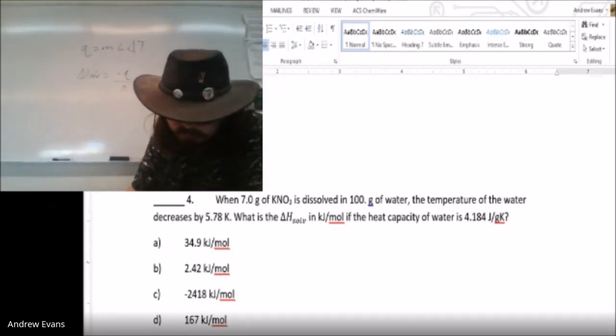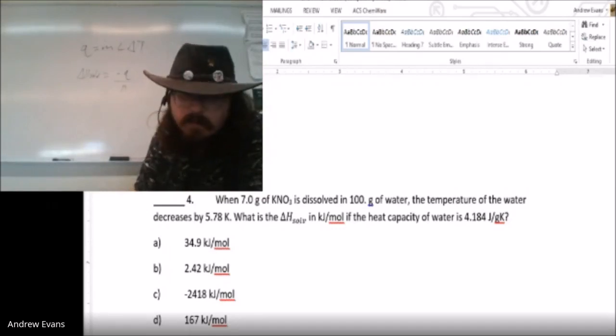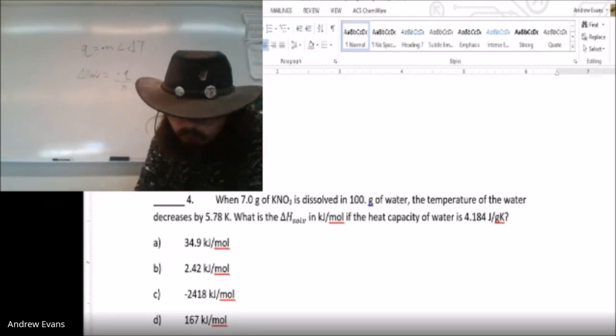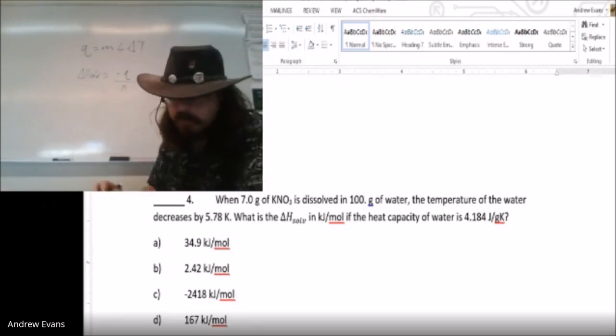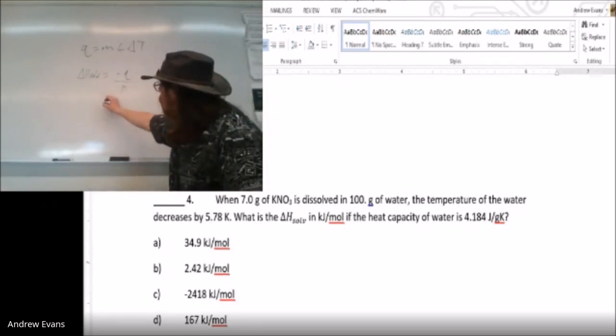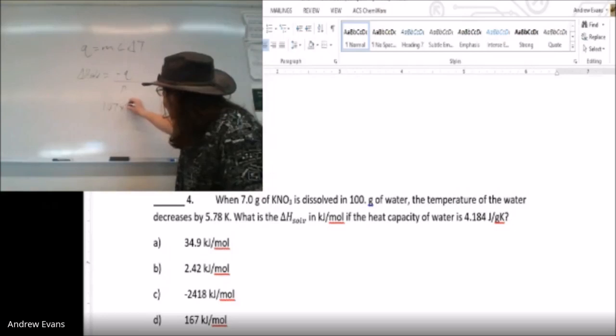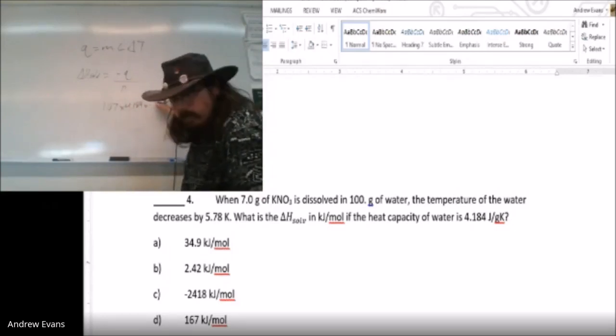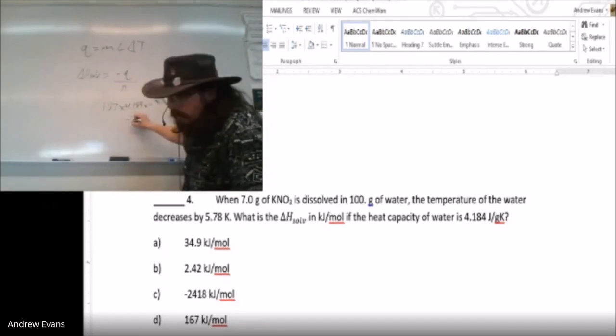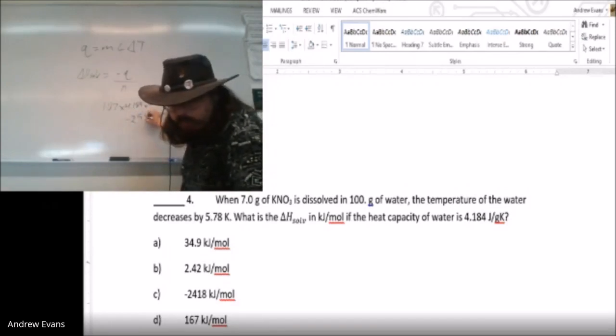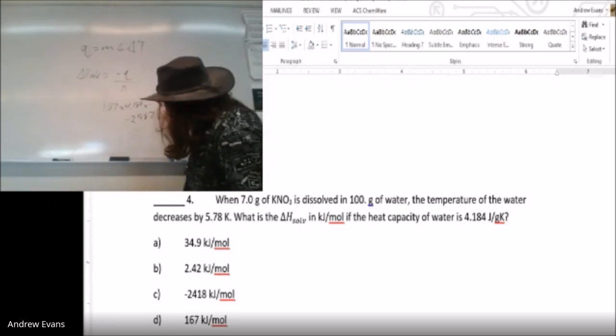So I'll add the 7 grams in there. 107 times 4.184 times negative 5.78. My Q would be negative 2587.6 joules.